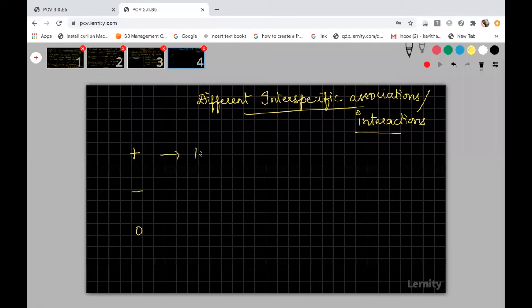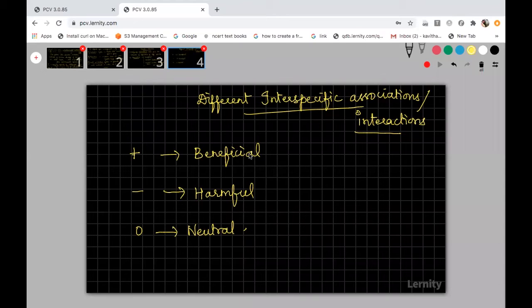Plus represents beneficial. Minus represents harmful or detrimental. And zero is neutral, neither beneficial nor harmful. So these are the three different symbols used for indicating: plus indicates beneficial, minus indicates harmful, zero indicates neutral.